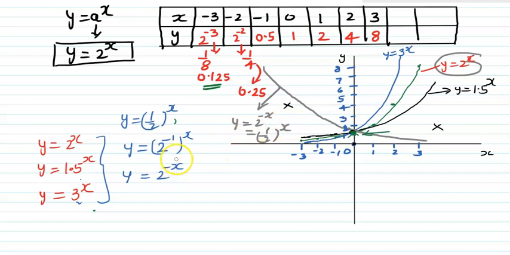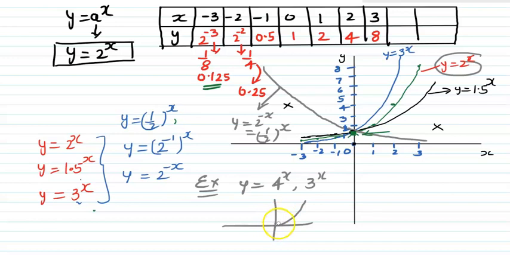Till now we have learned how to sketch the graph and where it will be positioned. If in an exam the question says sketch y equal to 4 to the power x and 3 to the power x, now you know 4 to the power x will be a little bit up. Just let me clear this.